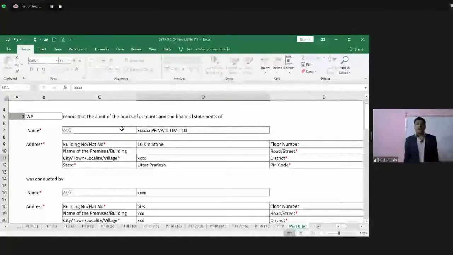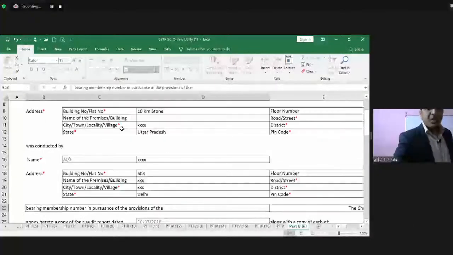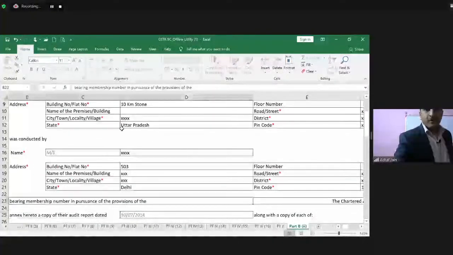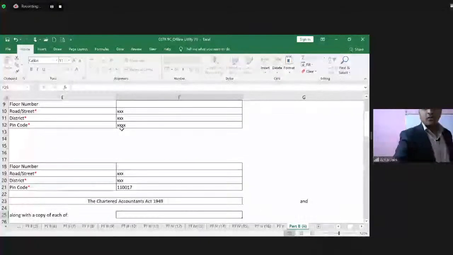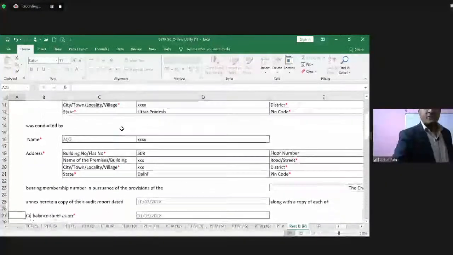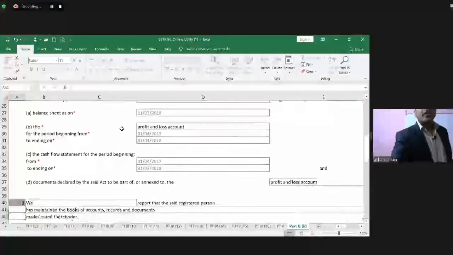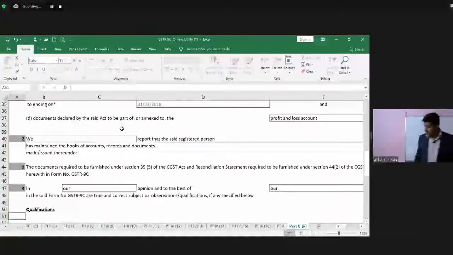It was conducted by the auditor, and the address of the auditor and the membership number, etc., are required to be given over here. And we annex herewith a copy of their audit report dated so and so, along with a copy of each of the balance sheet, P&L, cash flow, or any other thing which is forming part of the financial statements.